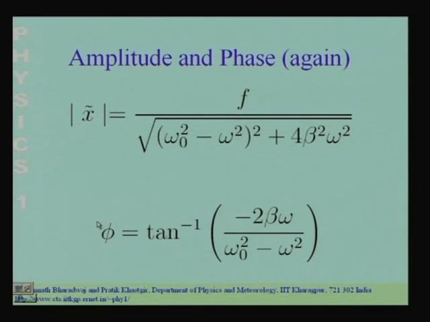The first point to note is that in the limit of very small frequency, as omega goes to 0, you have this coefficient over here vanishing. So, the coefficient over here whose tan inverse gives you the relative phase also goes to 0 as the driving frequency omega tends to 0.